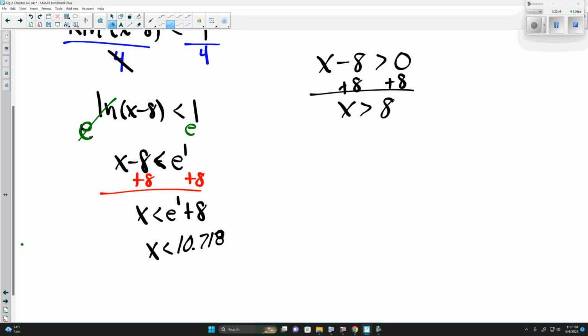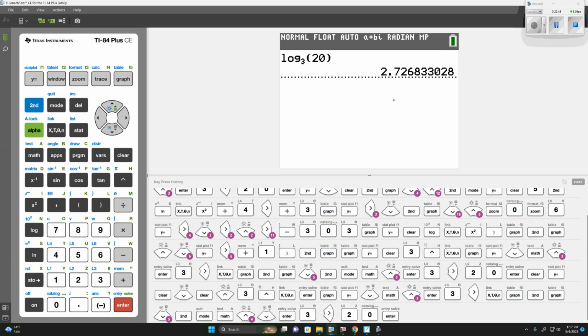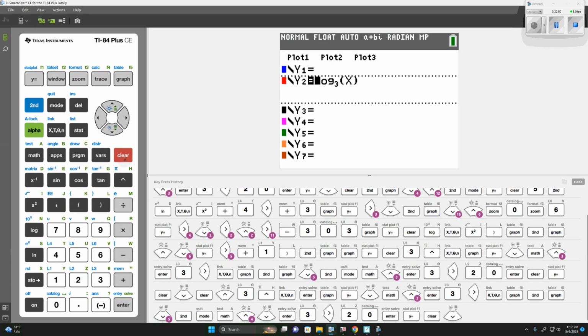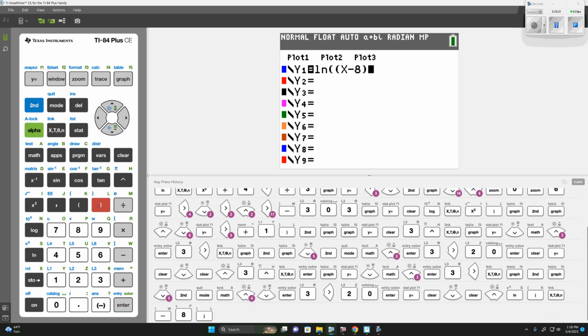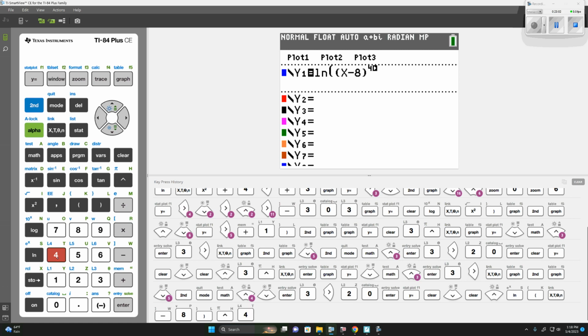Now, we can check this here, because this one here actually does work out a little funny. Because it's natural log. Lost track of it. Natural log, parentheses, x minus 8 to the fourth, and close parentheses.